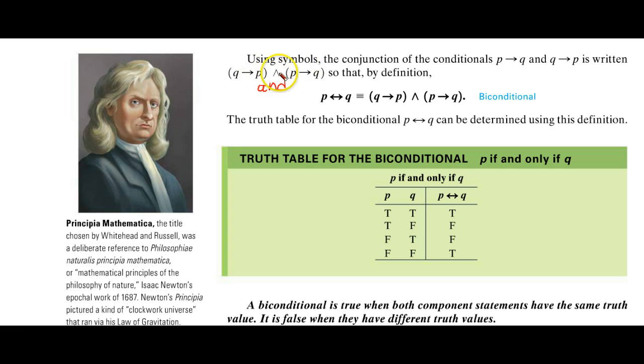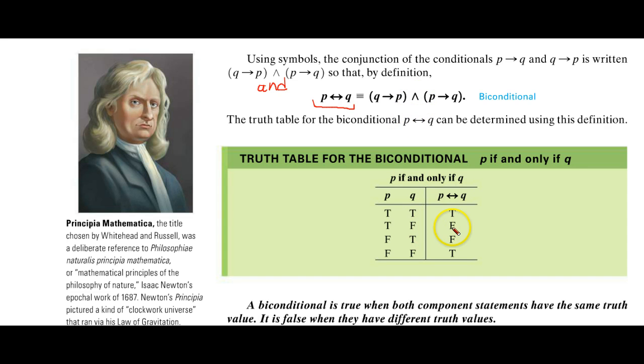In order for that to be true, both need to be true. So the symbolism for the biconditional is equivalent to the conjunction of these two conditionals, keeping in mind this is an "and."